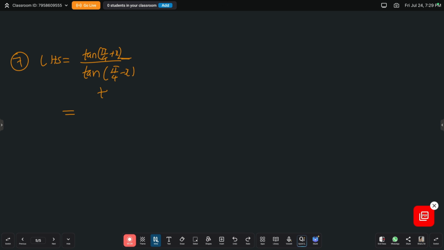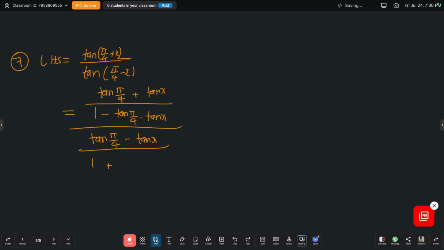Numerator: tan a plus b, so it is tan pi by 4 plus tan x upon 1 minus tan pi by 4 and tan x. Open the denominator formula: tan pi by 4 minus tan x upon 1 plus tan pi by 4 tan x.